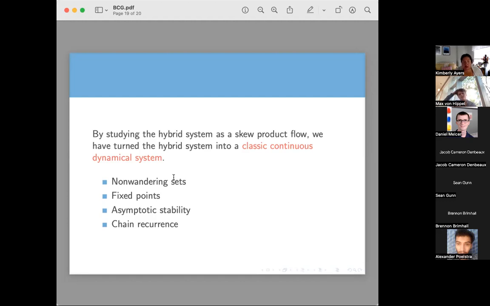And really the only thing I care about, the thing that I want in the foreground, is what's happening in Rn. I don't really need the switching behavior in the background. So if I were to take projections from the product space and just project down into the subset of real numbers, what do we lose? What do we gain? Do we retain some of these recurrence concepts? We kind of have to adapt our definitions a little bit.